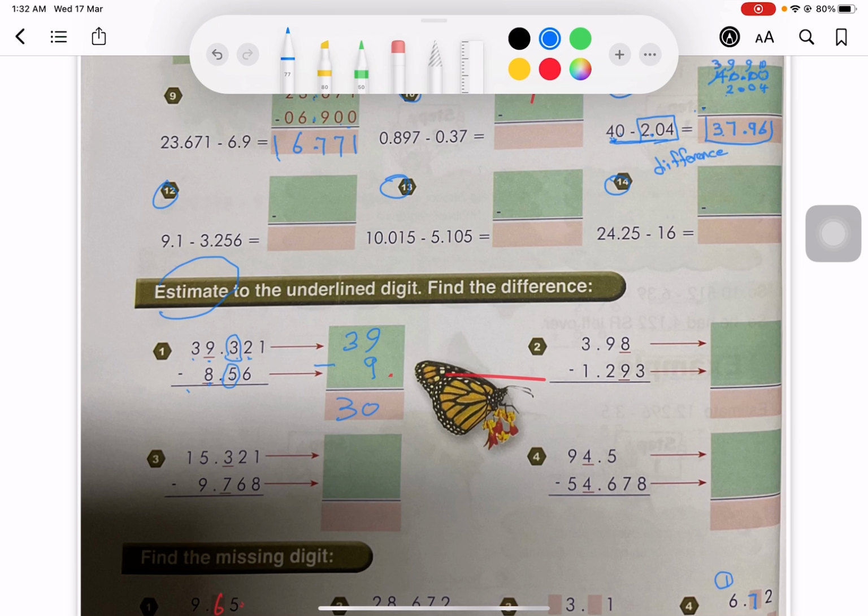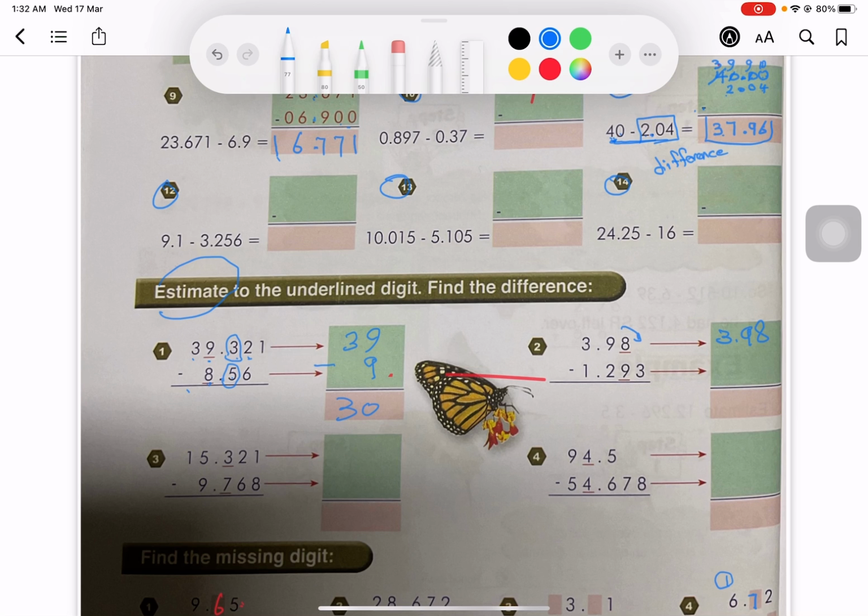Okay, they underlined the 8. So the 8, what is after it? Nothing. So my number will be 3.98.